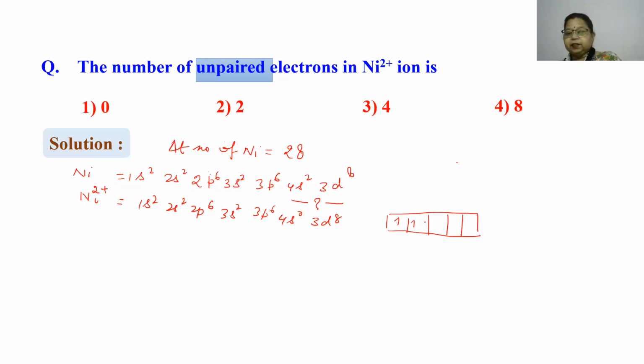You will have 5 electrons of parallel spin like this, and then you will pair up 3 of them. So the number of unpaired electrons to me is 2. Do you agree or not?